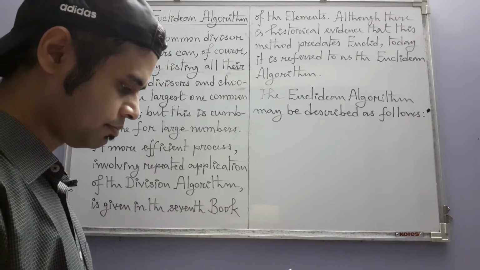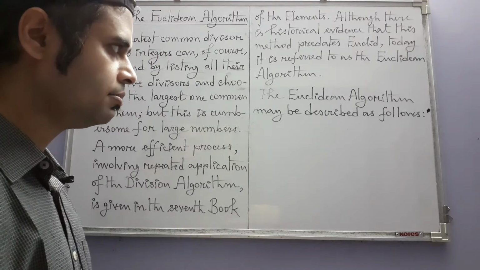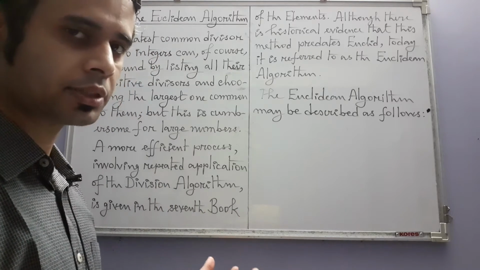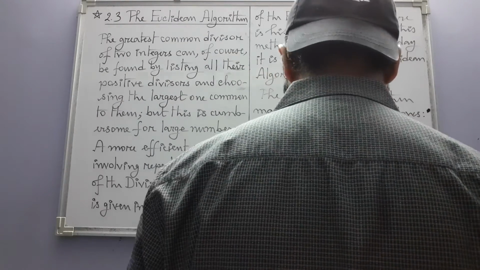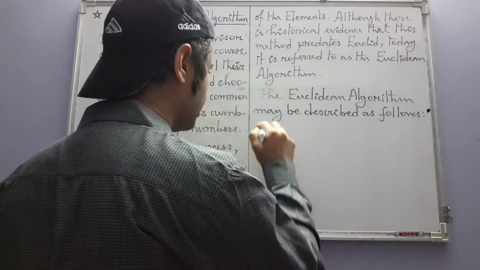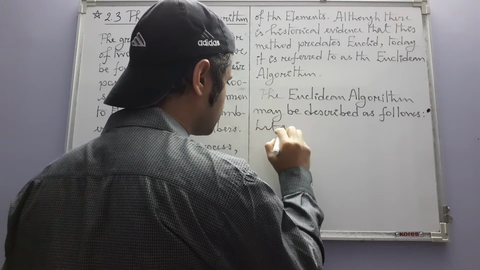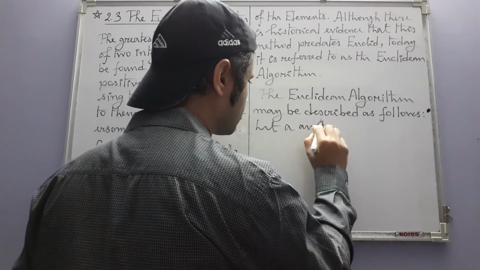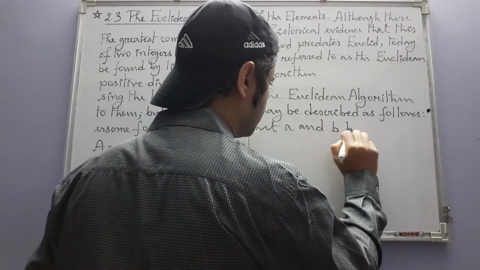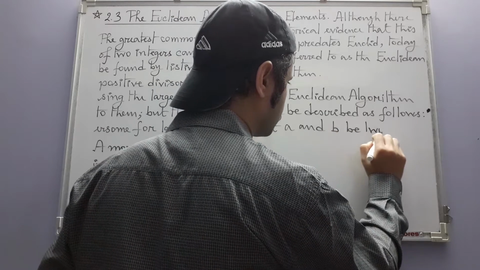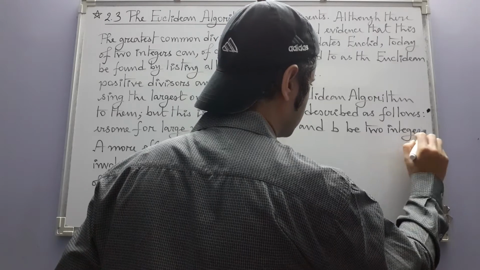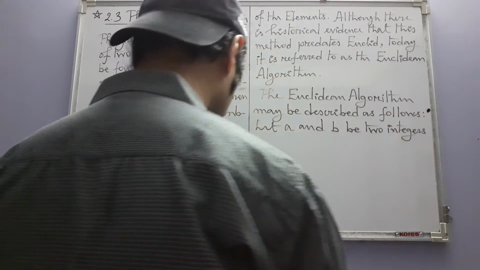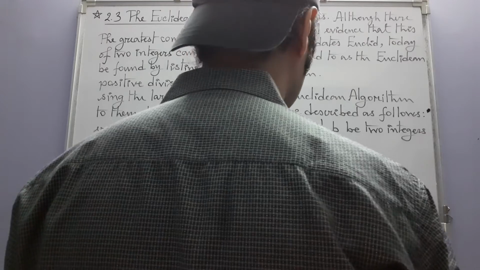So when we are talking about GCD, that assumption is there in the background, although it may not have been explicitly mentioned. Let a and b be two integers whose greatest common divisor is desired.